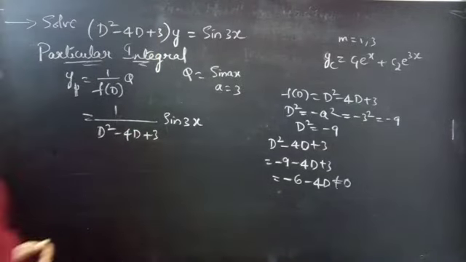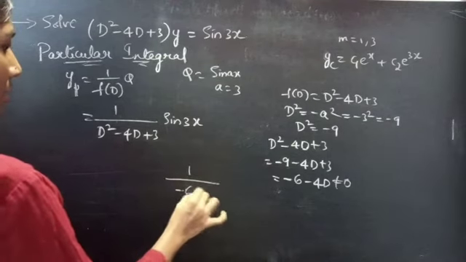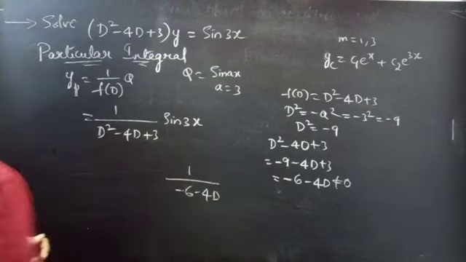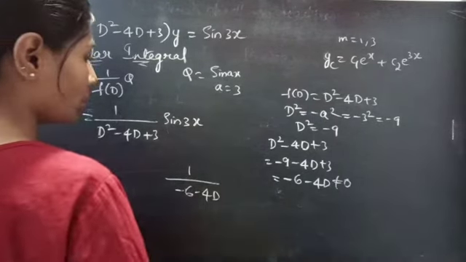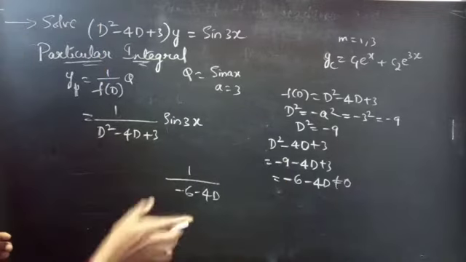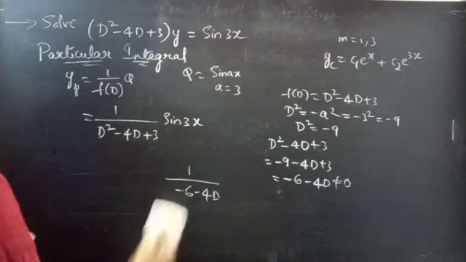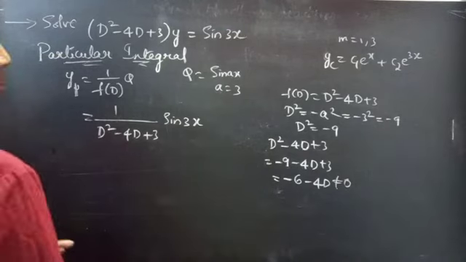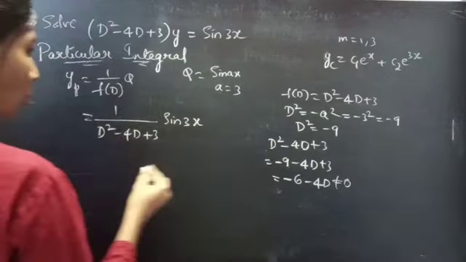Since it is not equal to 0, you will get 1 by minus 6 minus 4D. If you get the denominator as 0 after replacing D squared, then we will not replace D squared by minus a squared.